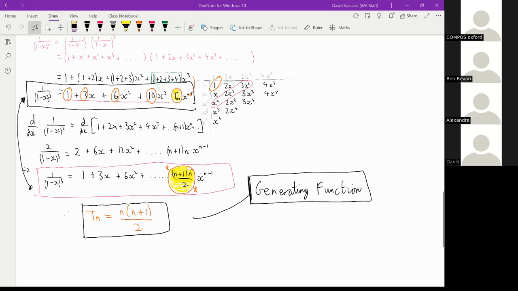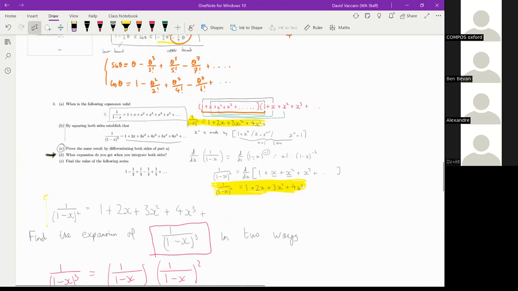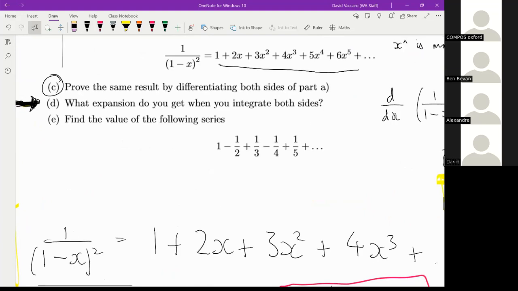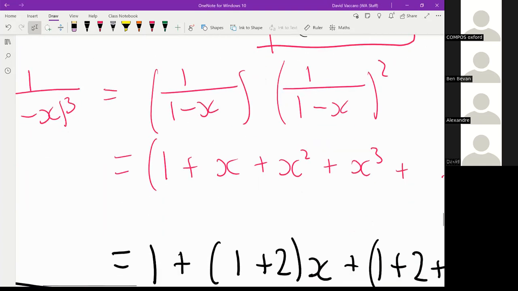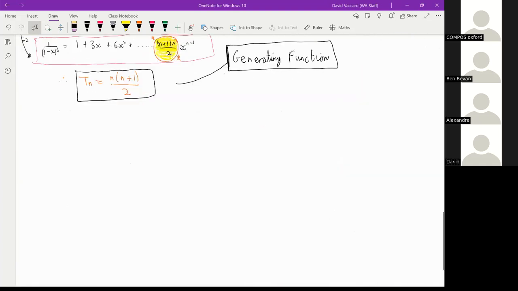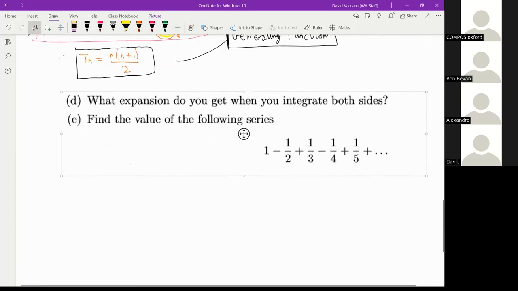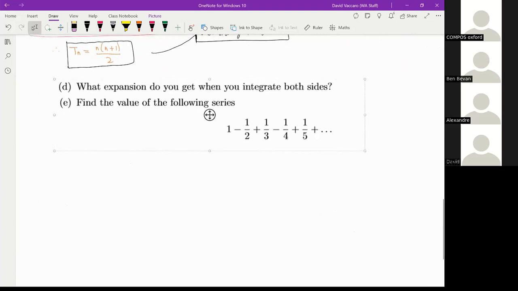I assume so. Yep. So let's go back to new Taylor expansions from old ones. What expansion do you get when you integrate both sides?